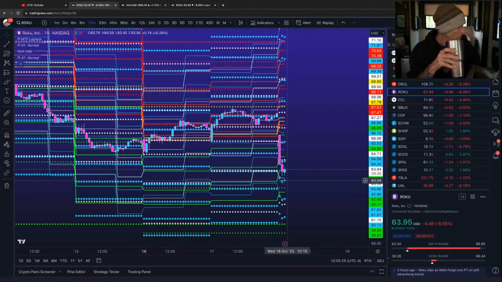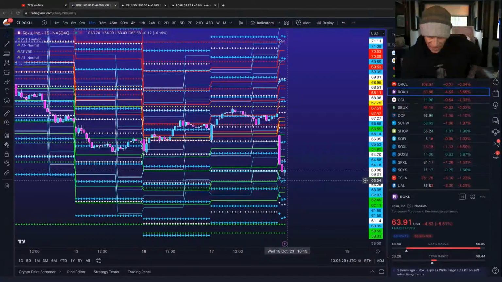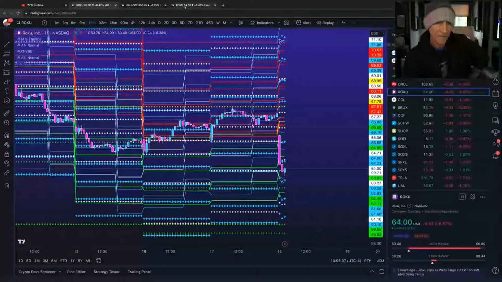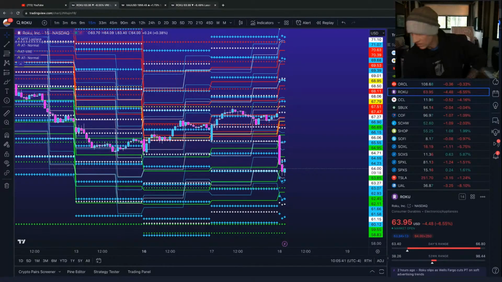So there's a 99.7% chance it doesn't close below 63 today. Pretty good probability that this thing is put in the low for the day. In fact, it looks like it's probably going to bounce. Probably going to have a nice quick bounce too.